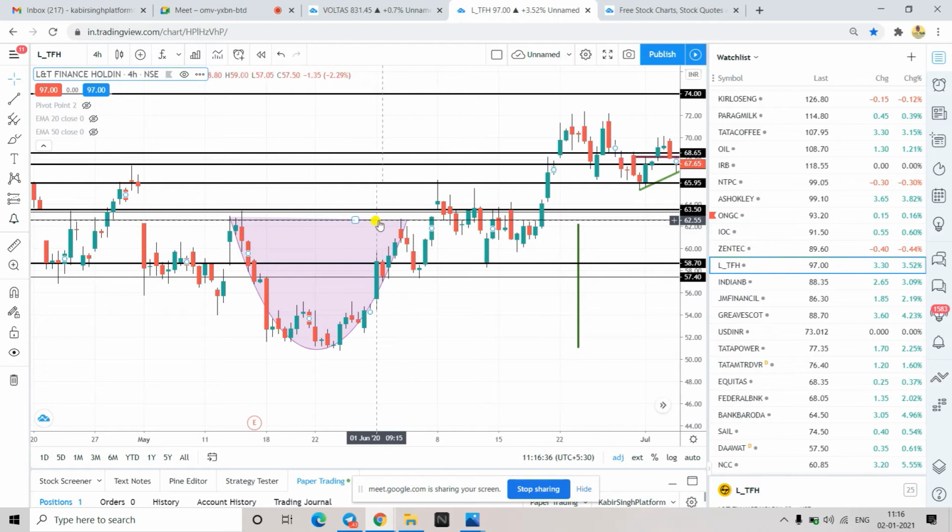This will create panic in the people who sold here, and then you can anticipate the price will go up. So remember this heavy fall, very small candles at the bottom, and when this high breaks with a good candle, you can enter the trade. This is an important pattern you can see.